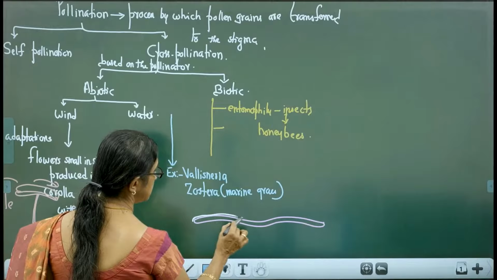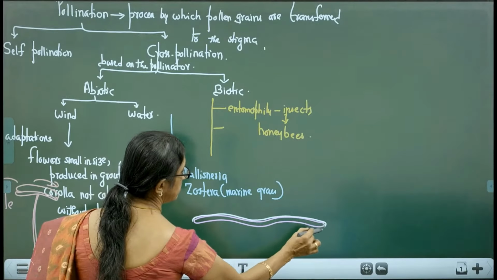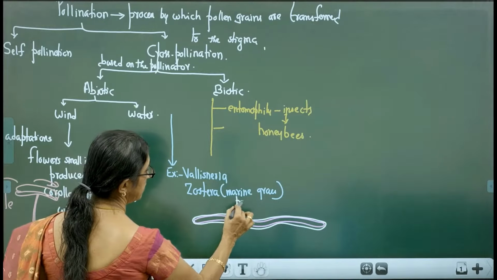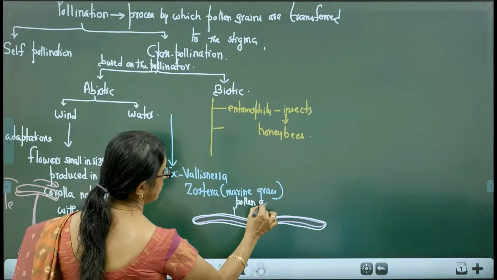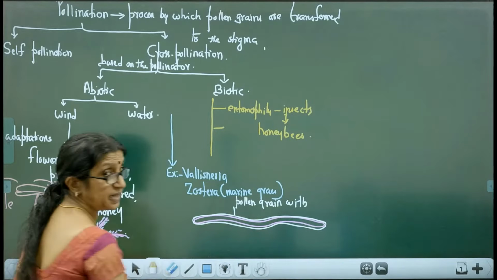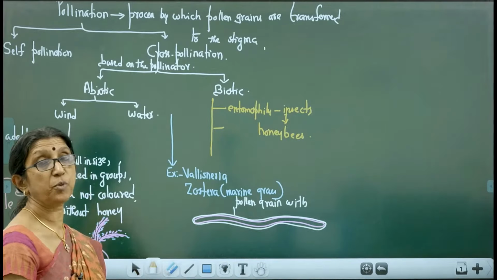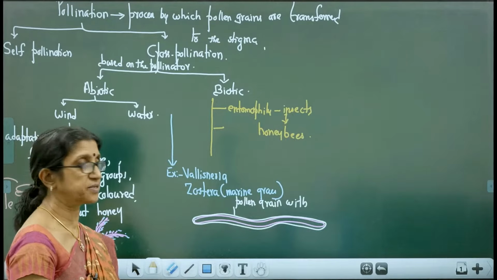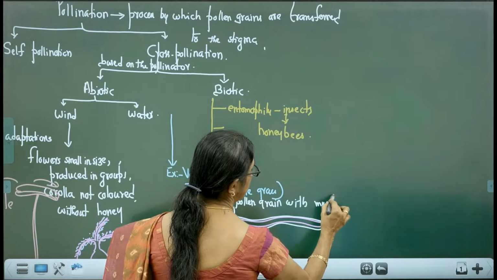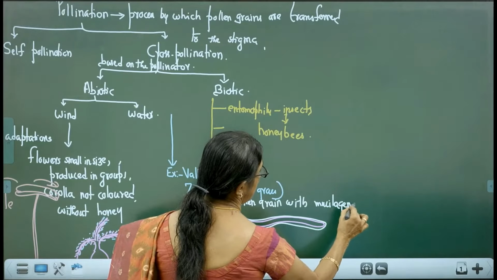The pollen grain with a mucilaginous outer covering protects the pollen grain from getting wet.